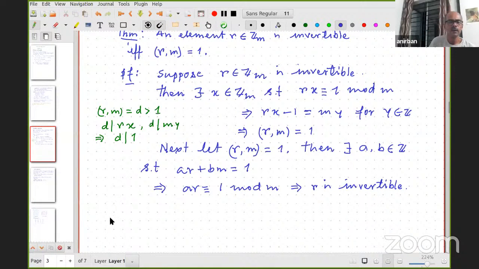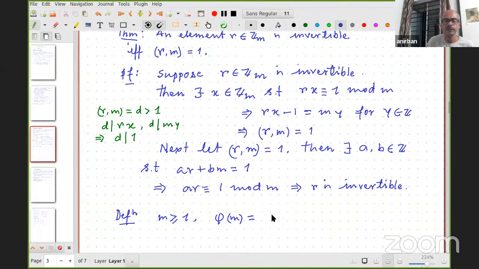And this also calls for the Euler phi function, which I would introduce now. Of course, many of you or maybe all of you are familiar with these things, so just recalling. For an integer m, phi m is usually called Euler's phi function.